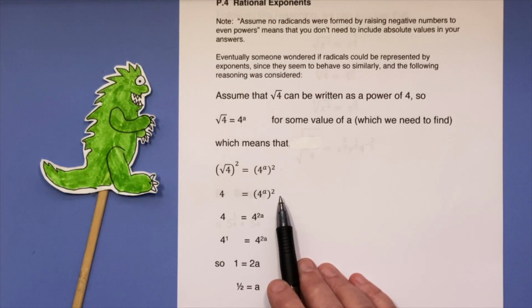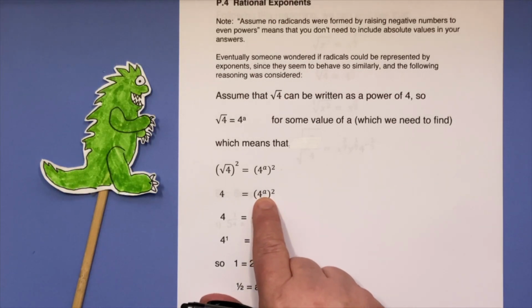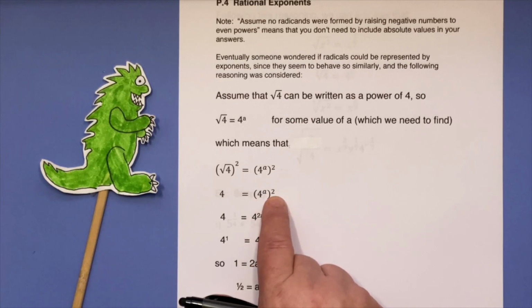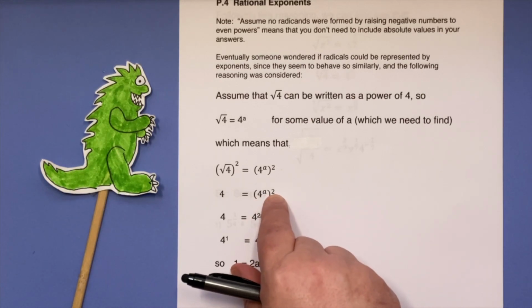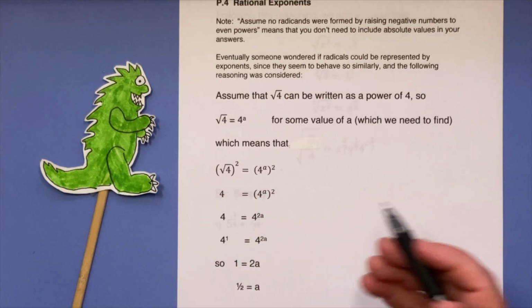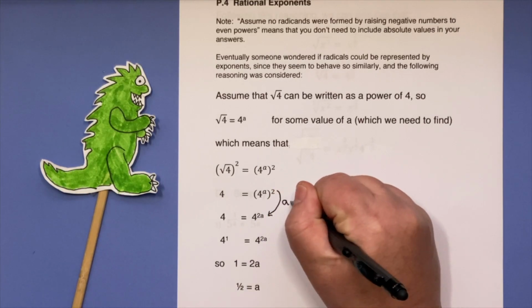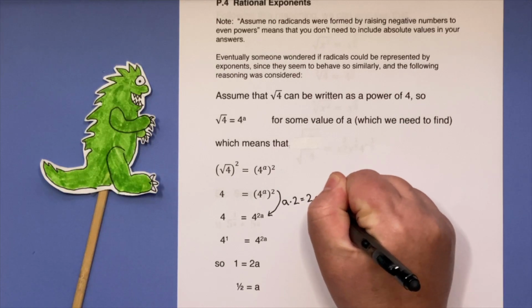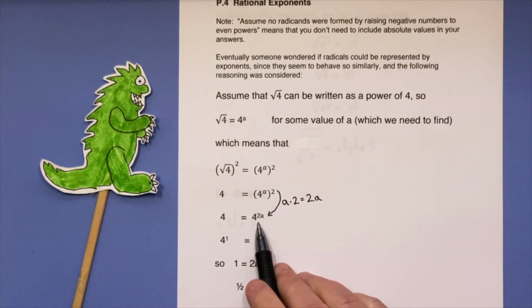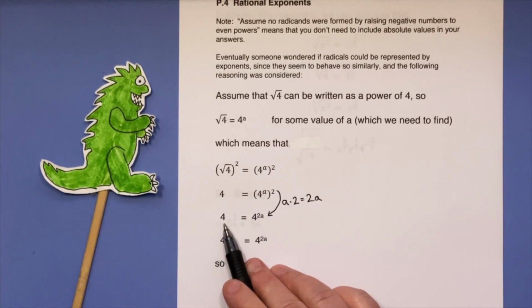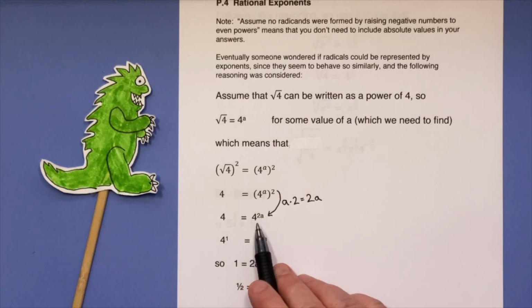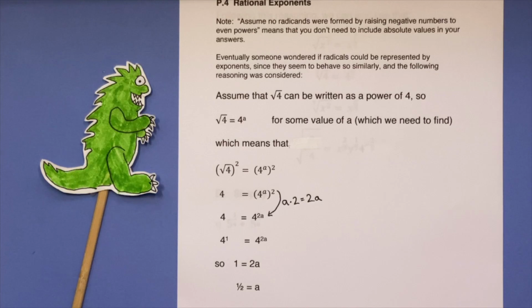And then we realize, wait a minute, if I've got a power a inside, and a power of 2 outside, what do I do? I multiply. And so this then becomes a times 2, which is just 2a. So my new exponent is 2a. So 4 must equal 4 raised to the 2a power. Okay, but 4 is also just 4 raised to the first power.